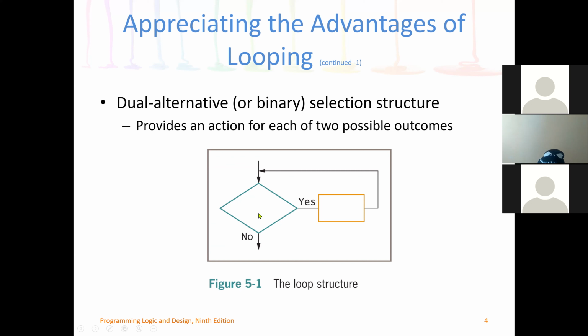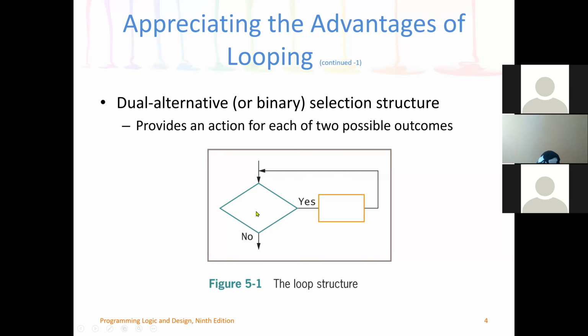So if the condition is true, which is yes, we perform the task and we go over again and test the condition again. If it's true, we keep performing the task. Now, when the condition is false, that's when we get out of the loop. False means no. So this is the flowchart for a loop structure.